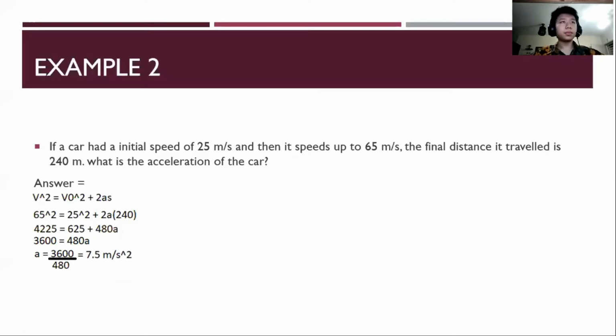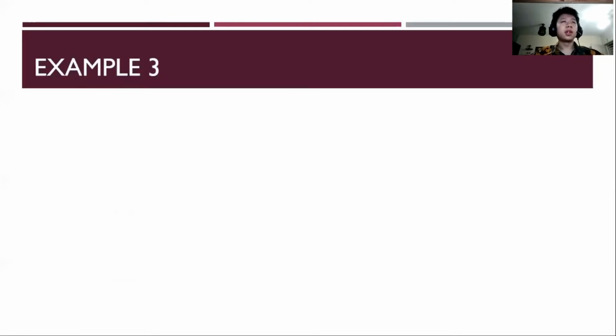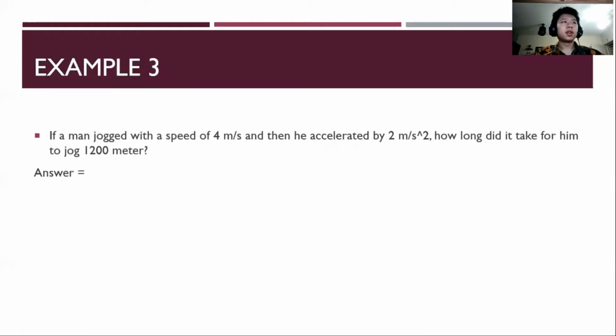And now the third and final example. The question is, if a man jogged with a speed of 4 meter per second and then he accelerated by 2 meter per second squared, how long did it take for him to jog 1200 meter?